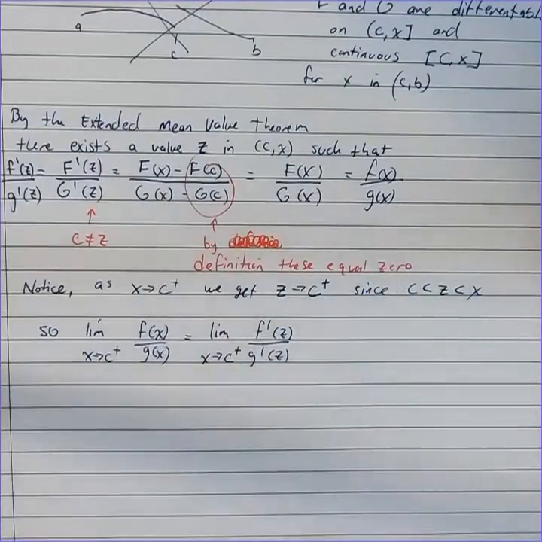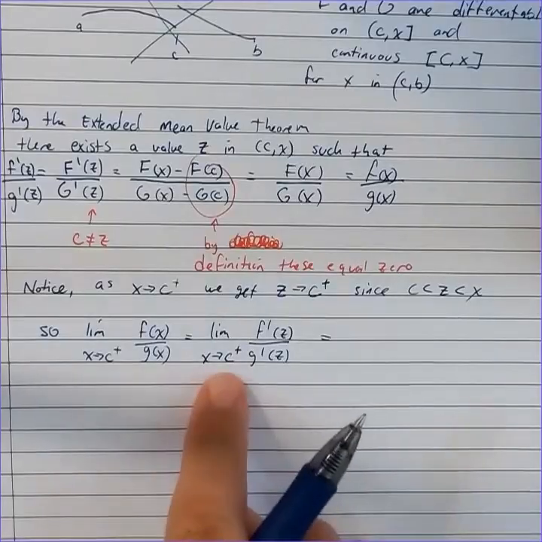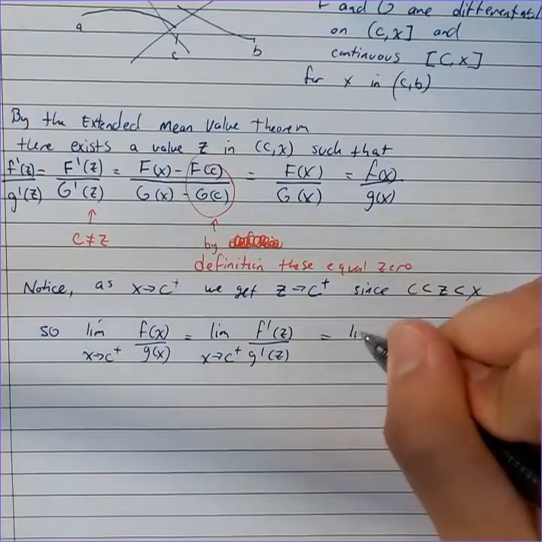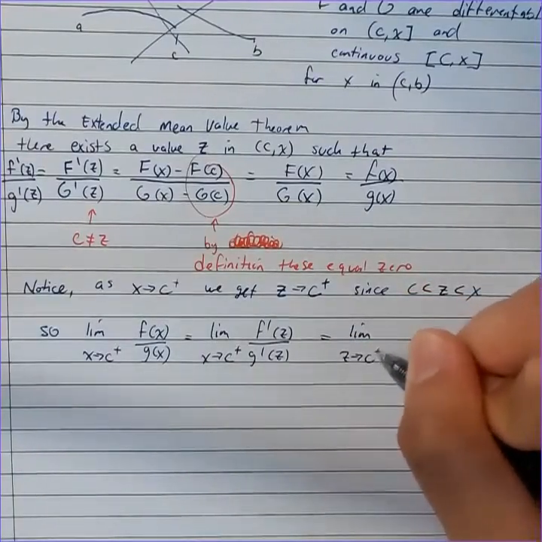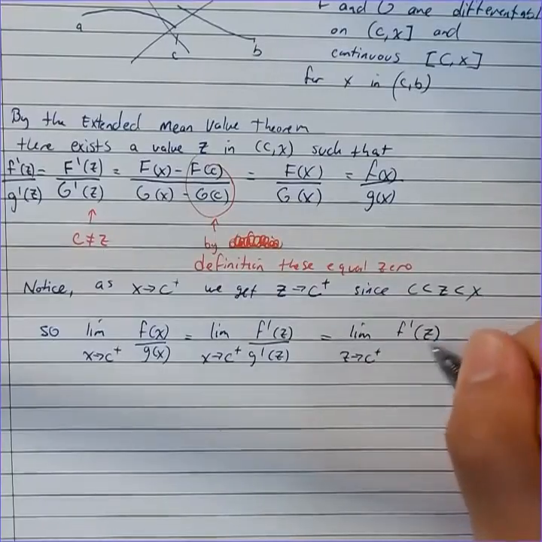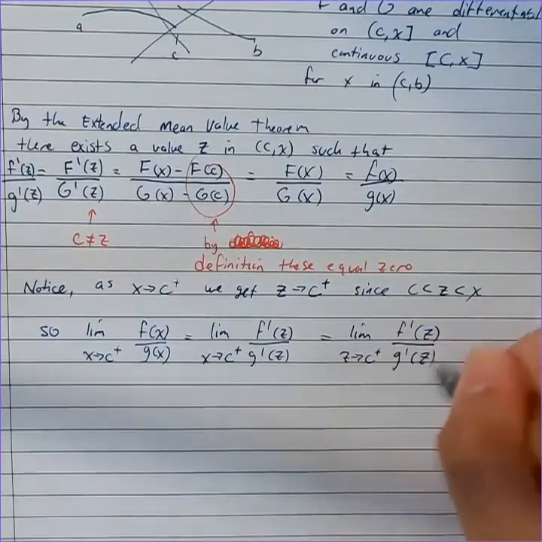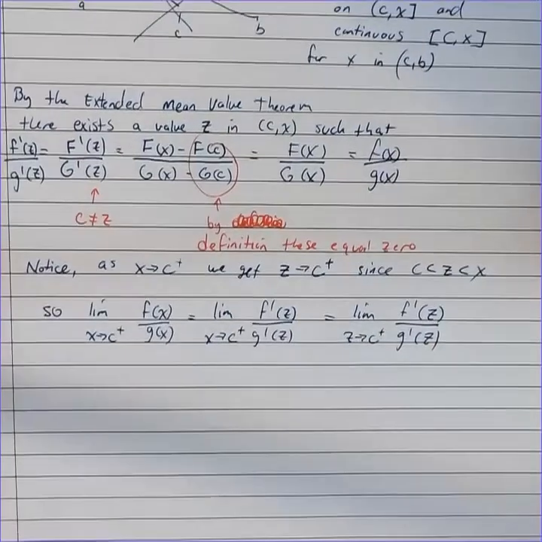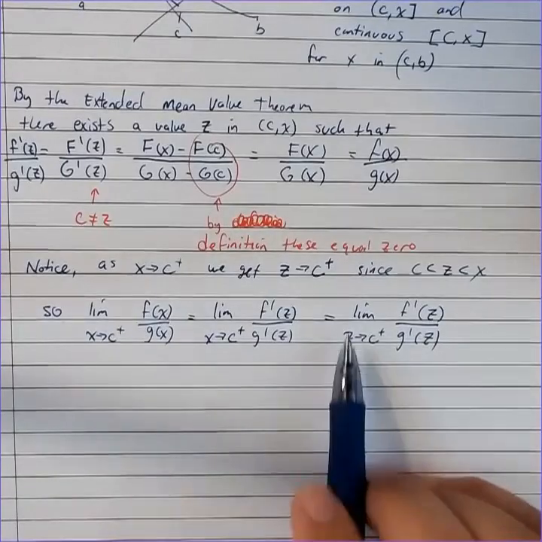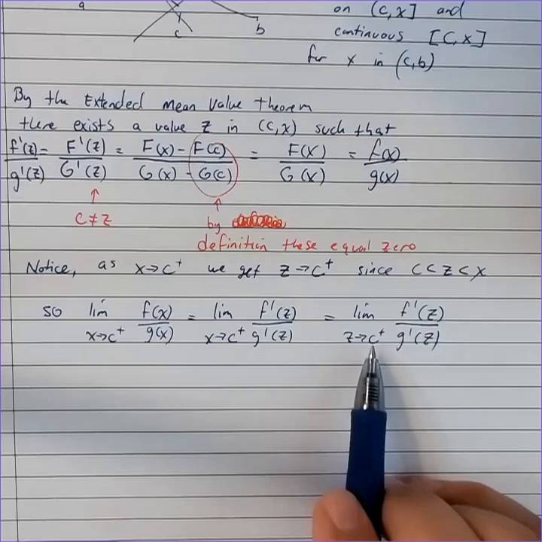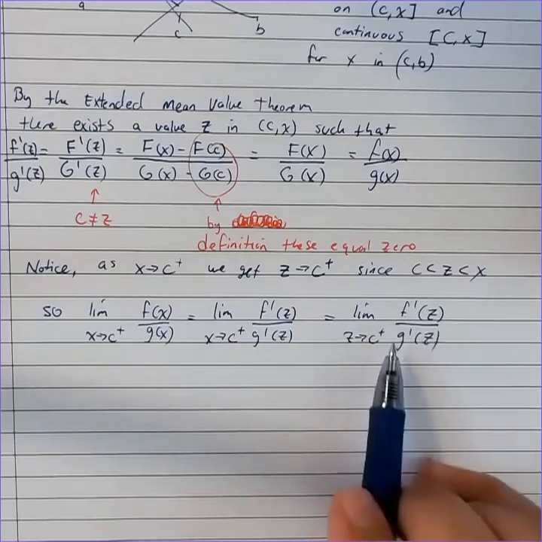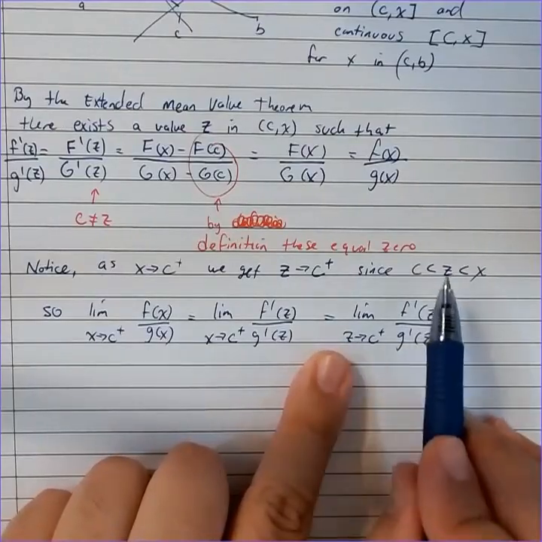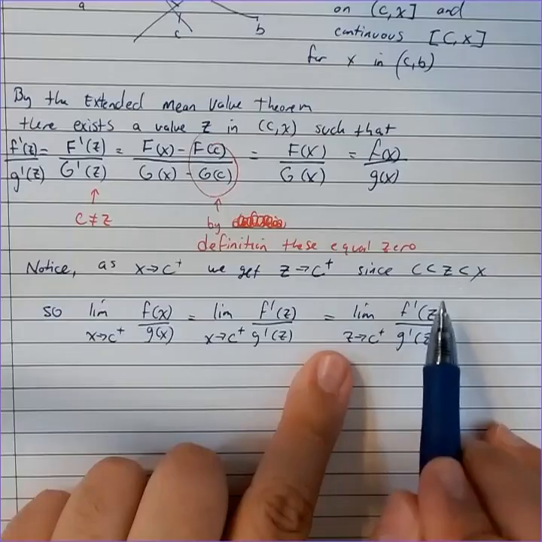But now, notice that as x approaches c, that's the same as saying z approaches c. So that's going to be the limit as z approaches c from the right of f prime of z over g prime of z. Just like that. So these remain the same, but now I'm replacing this limit with this limit since they are equivalent. These are all exactly the same, so I could just substitute.